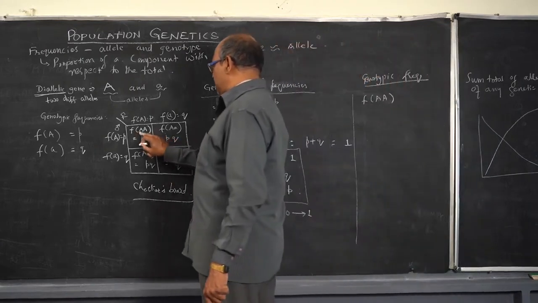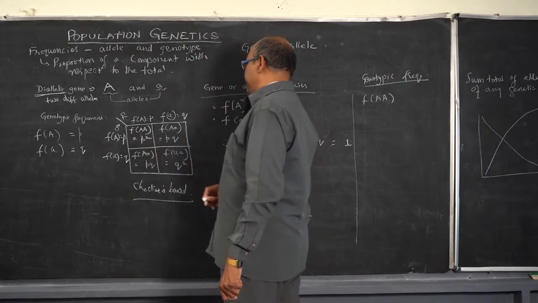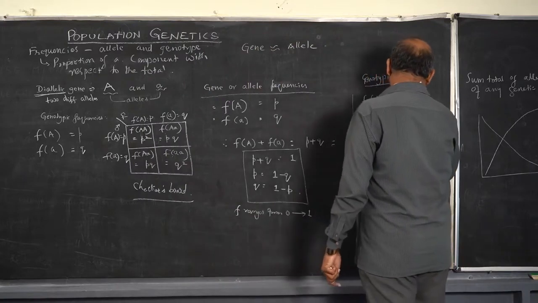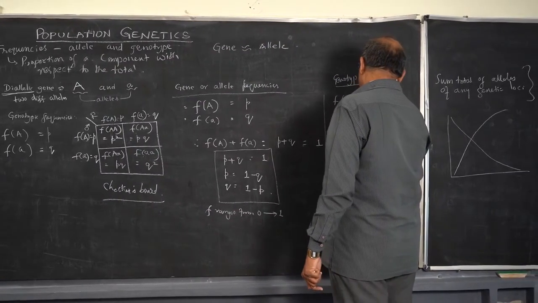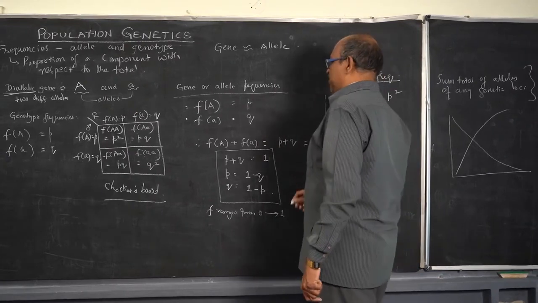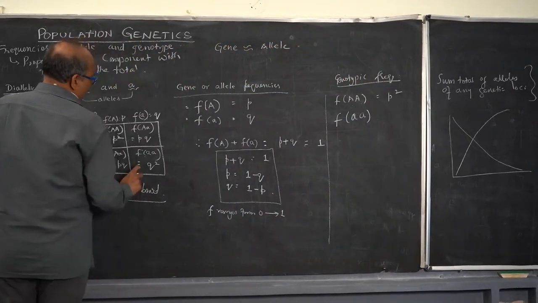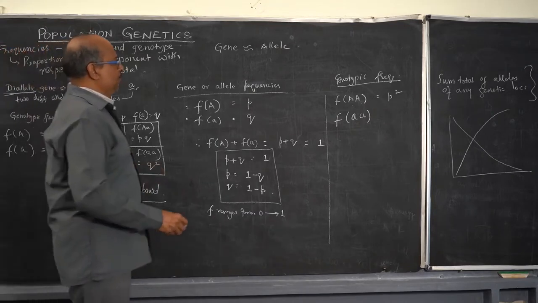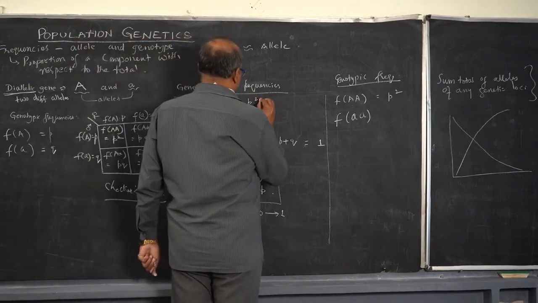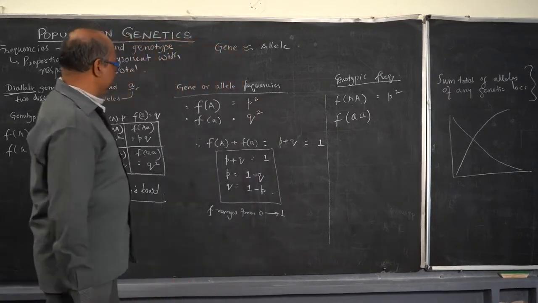So we have homozygous dominant as one component, that is P square. Next one we go to homozygous recessive, because that is also present only in one out of the 4 boxes. So again this is Q square. P square, Q square.